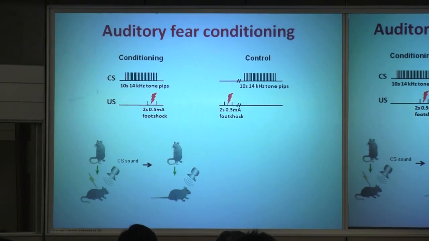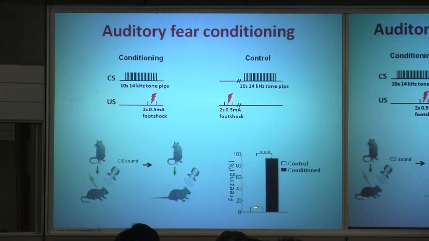Right? Now the control experiment, you have to pair them together. If you unpair the shock and the sound in a random manner, they don't learn. You give a shock, then you give a sound, and they don't freeze. Right? They have not associated the sound with the shock. So somewhere there's a memory for the sound after this pairing.